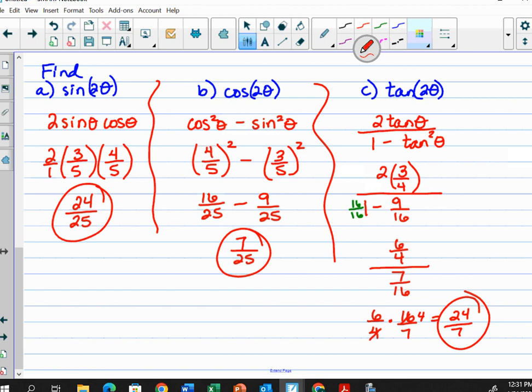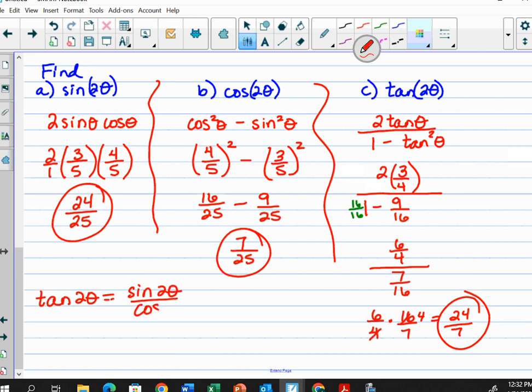Now guys, another observation that was made. What is tangent in terms of sines and cosines? Sine over cosine, right? We know that from our proofs. So another way you could do this is do sine of 2 theta over cosine of 2 theta.